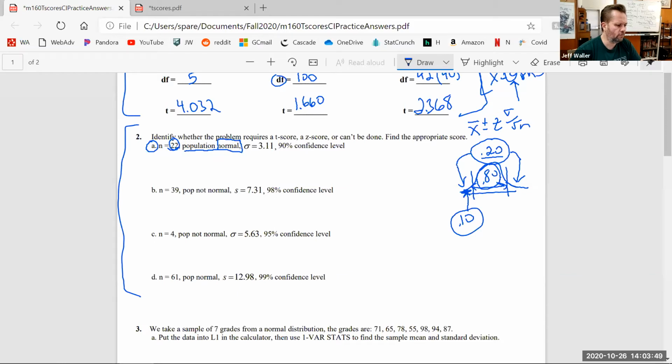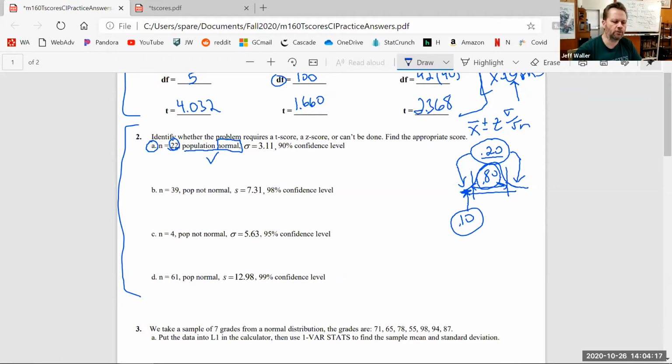If I have a normal population and take a nice random sample from it, all the sample means will still be normally distributed. So I only need an n greater than 30 if I don't know what the population distribution looks like, if I don't know it's normal. So that's check number 1: to be able to do this, I need a normal curve.